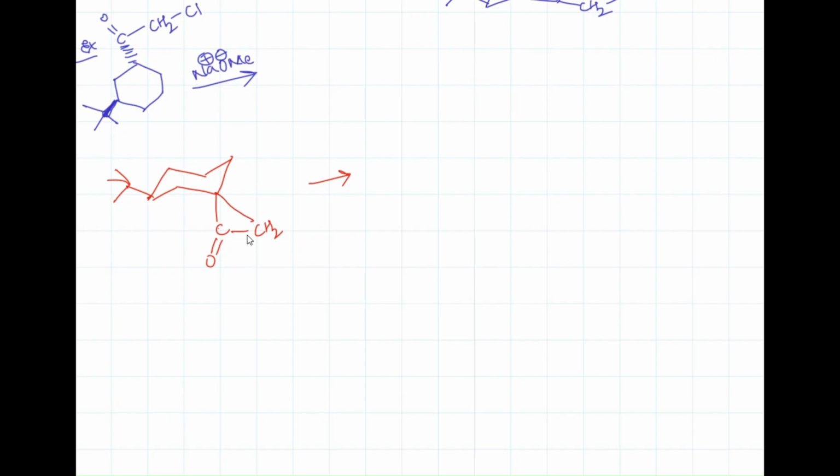Right, again sodium methoxide will attack the carbonyl carbon and the ring opens like this. This is the A and this is the B pathway. Let us consider pathway A.